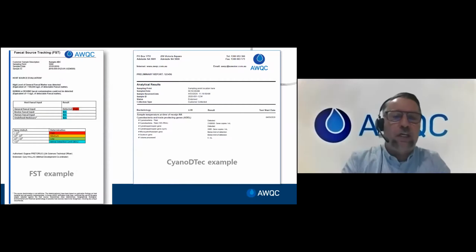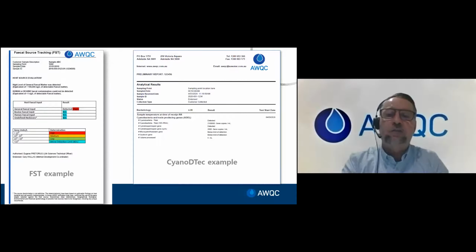Here you can see some examples for the fecal source tracking and the Cyano-Detect reporting that we provide. So in the example there for the FST, you can see that in this particular sample, a high level of general fecal matter was detected. However, no bovine and no human fecal input was detected.